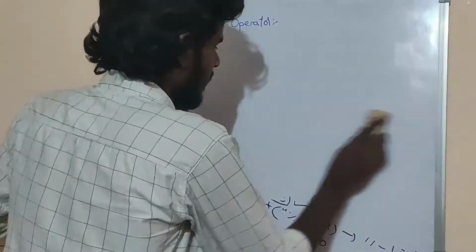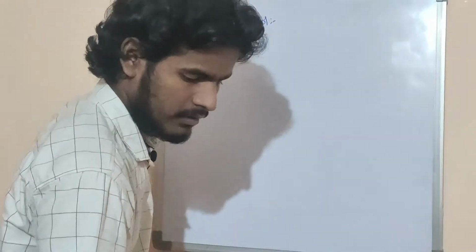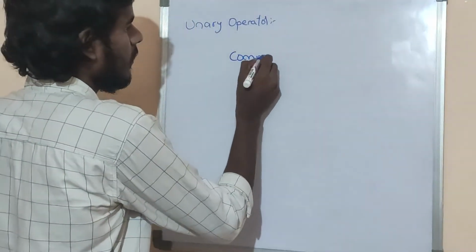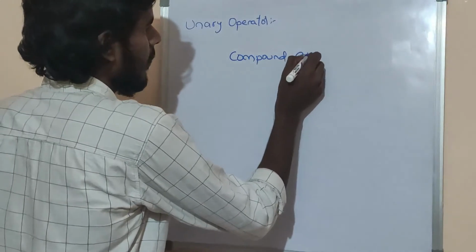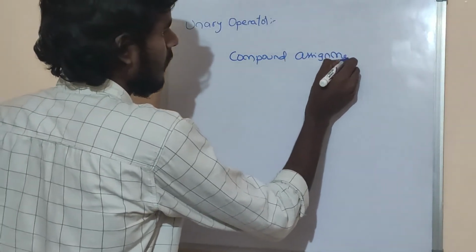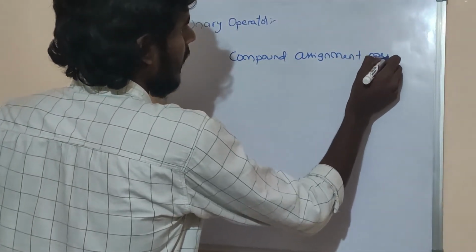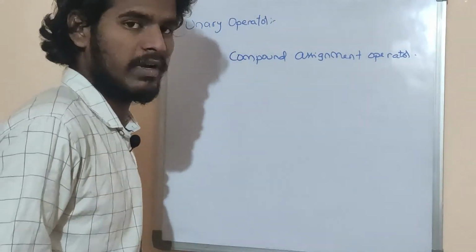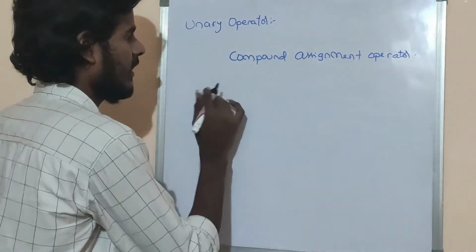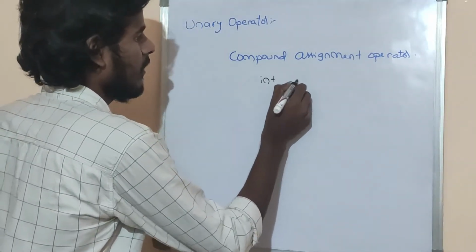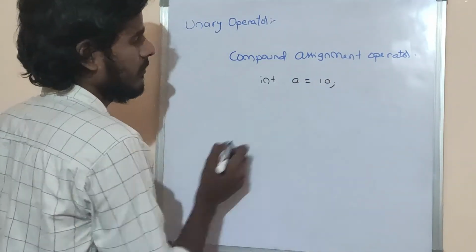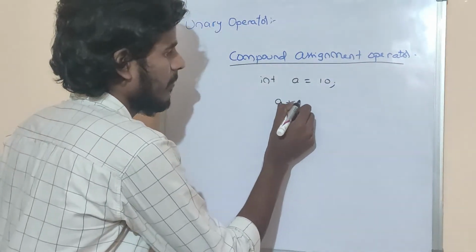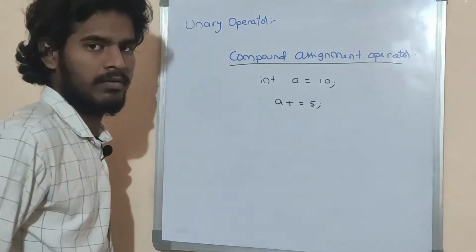Listen carefully. Compound assignment operator. Here int a is equal to 10. What is the compound assignment operator? a plus is equal to 5.